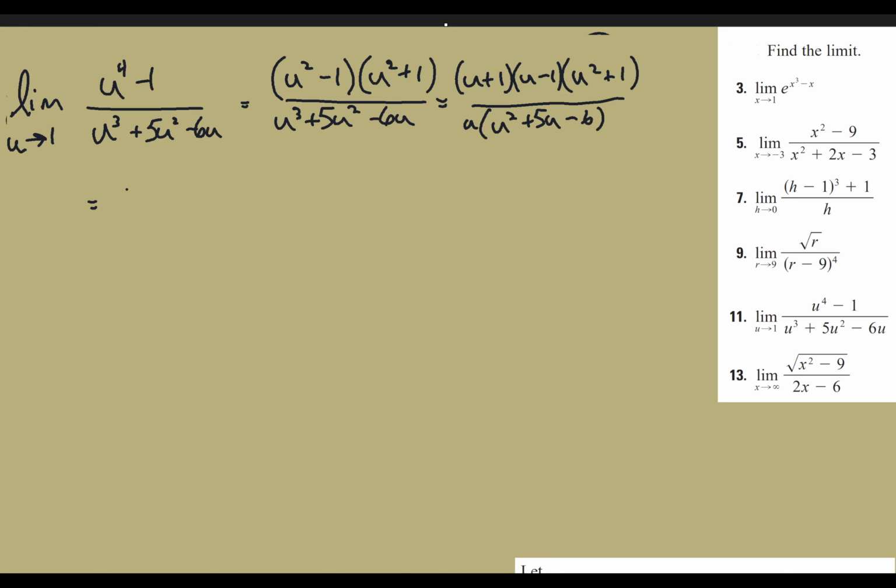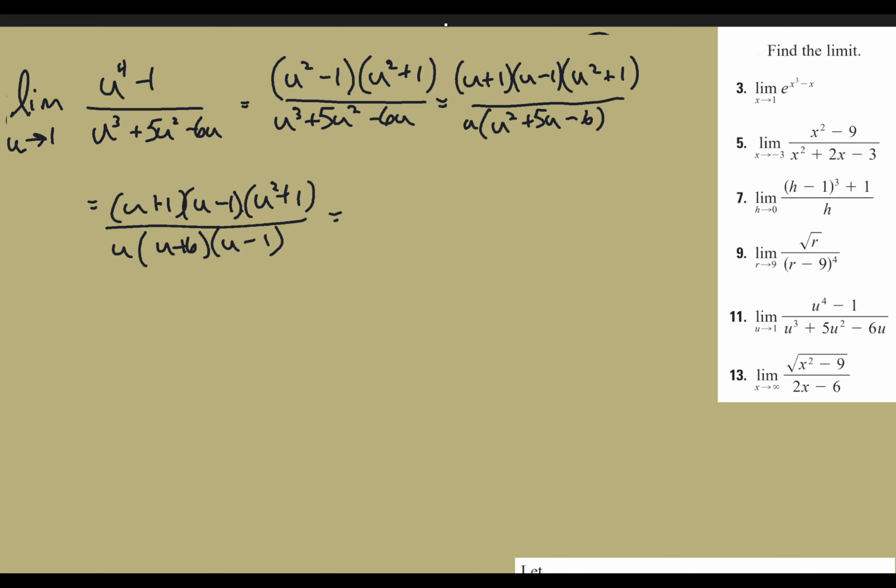And look, I can factor the bottom now too. u plus 1, u minus 1, u squared plus 1 over u times something that adds up to positive 5 and multiplies to -6. That's definitely u plus 6 and u minus 1.